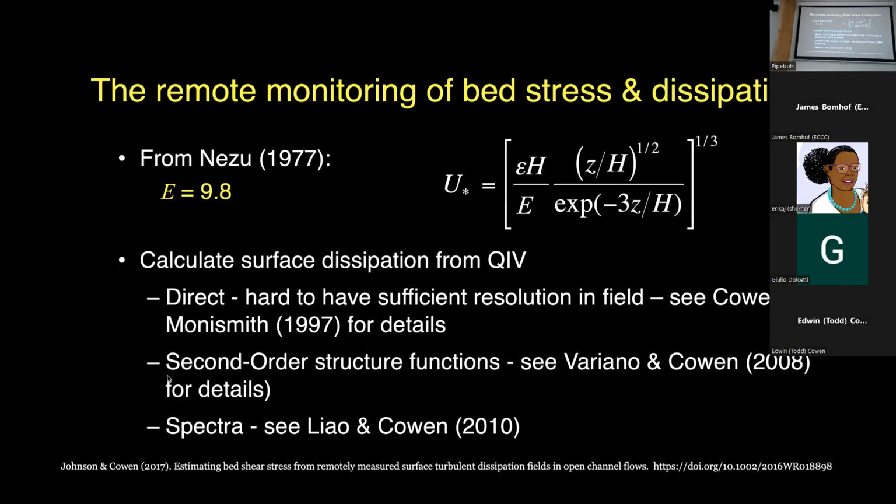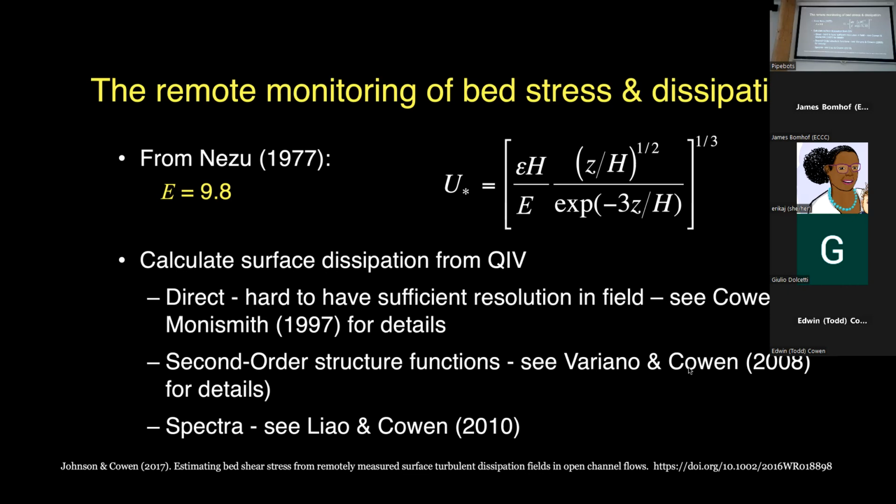But second order structure functions and spectra do, they resolve the inertial subranges of the turbulence. As Erica showed an hour ago, she's seeing a nice minus 5/3 region in her turbulence. That is the inertial subrange. From that, you can back out spectrally the dissipation, or you could use a second order structure function approach to back out the shape of the second order structure function, from which Kolmogorov's 1941 theory also shows us how to back out the dissipation.